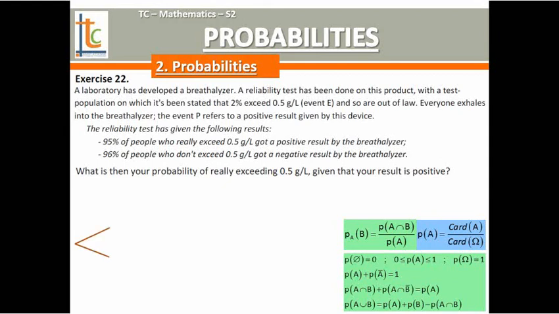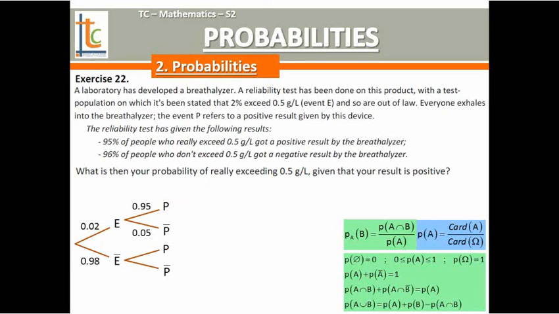So let's build a tree. Why not? Let's make a separation between E and E bar for the population. 2% exceeds. Okay, so 2% are in E and 98% are not. Among people that are here, 95% will be tested positive by the device.